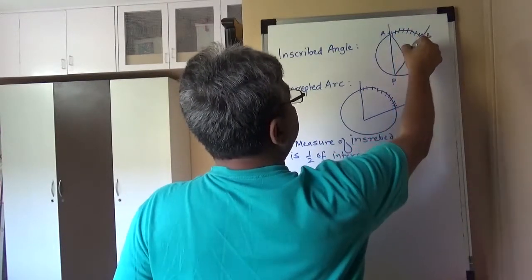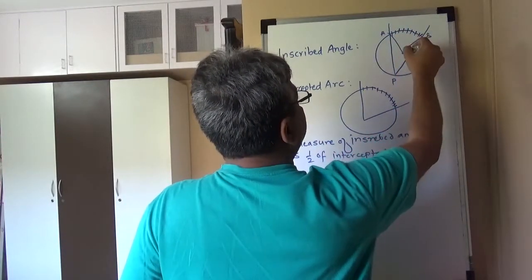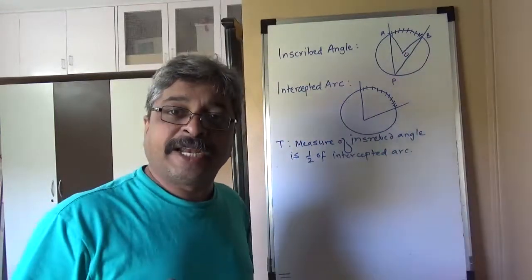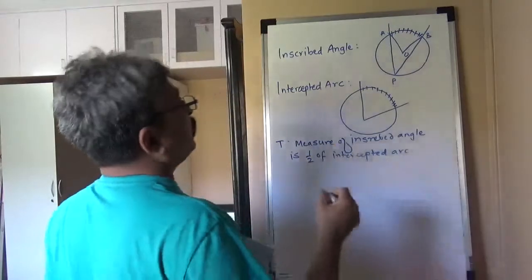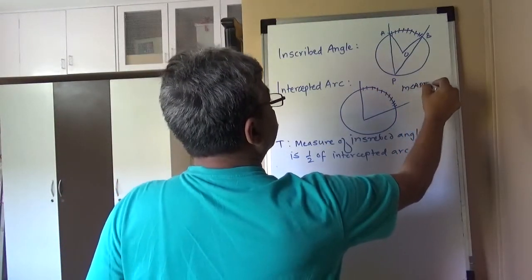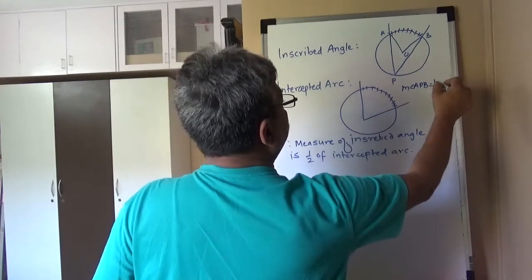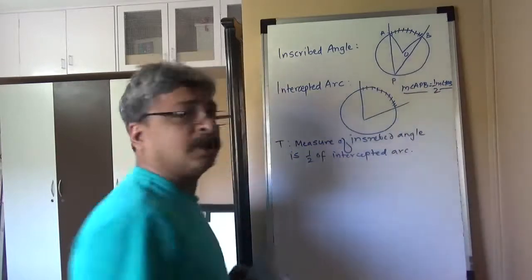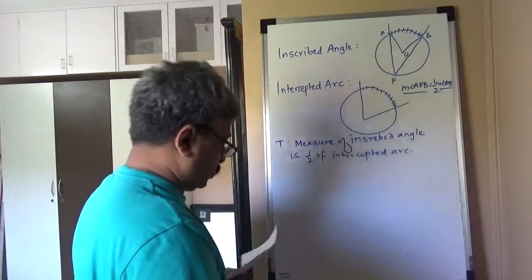The measure of the intercepted arc will be its central angle. So, the theorem is: measure angle APB is half of measure angle AOB. This is what is supposed to be proved. Let us look at it.